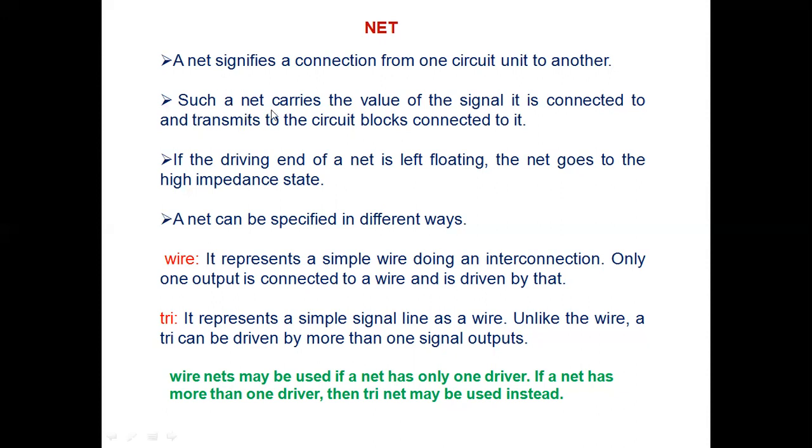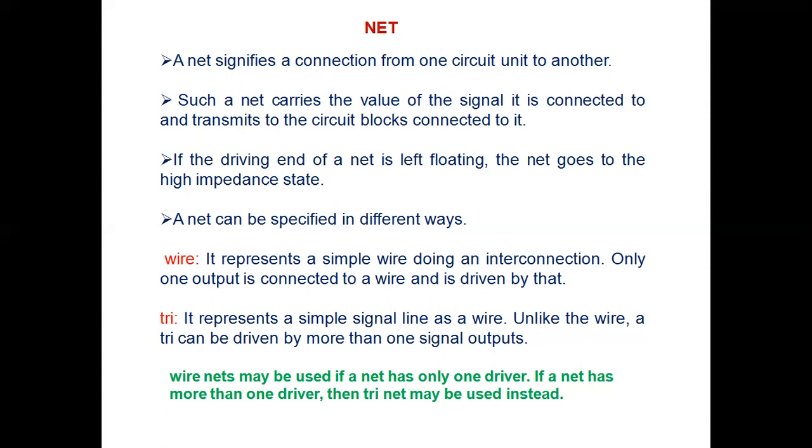Such a net carries the value of the signal it is connected to and transmits it to the circuit blocks connected to it. Next, if the driving end of a net is left floating, the net goes to the high impedance state, obviously. If anything is left floating, then it enters the high impedance state.